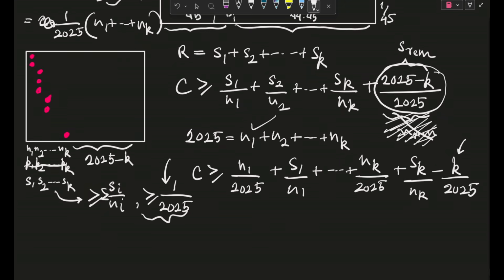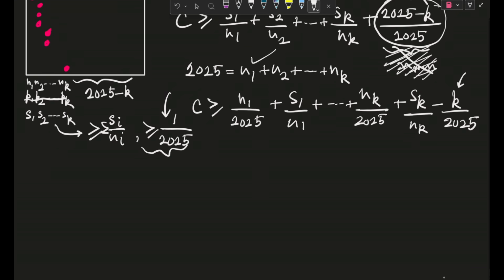Okay, so guys, after this step, what we will be doing is going backtrack. I will be doing things a little bit in reverse, because as we go reverse, we will find our solution. Let's see what I'm doing. After this, we have n1 by 2025 up till nk by 2025.